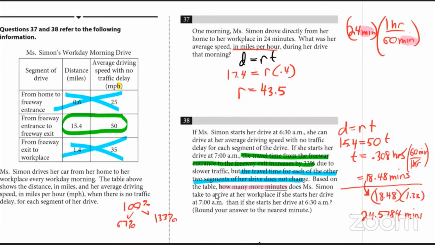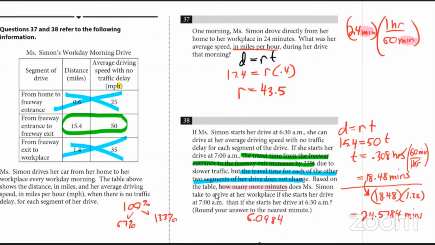Now we're up to 24.5784 minutes. And how many more minutes means we subtract those two numbers. So 24.5, just using it from the memory on my calculator so I get the exact number, minus 18.48 is 6.0984.